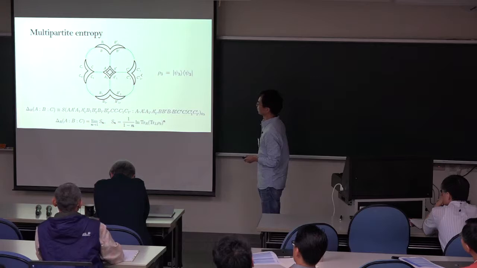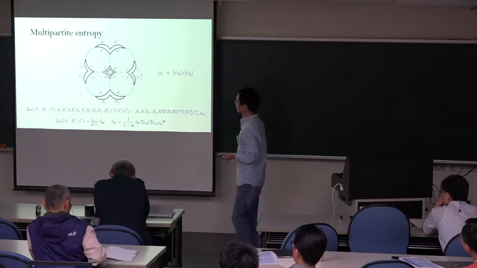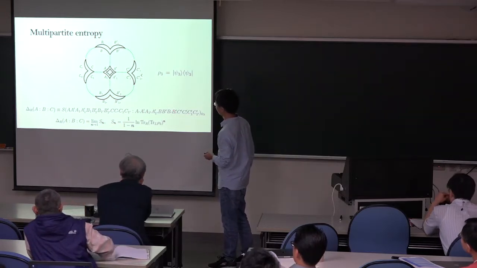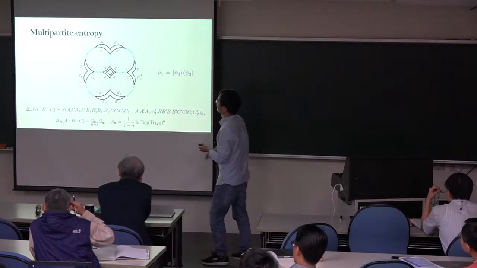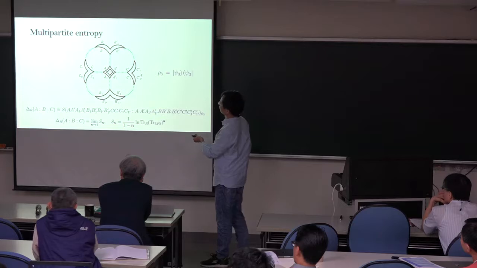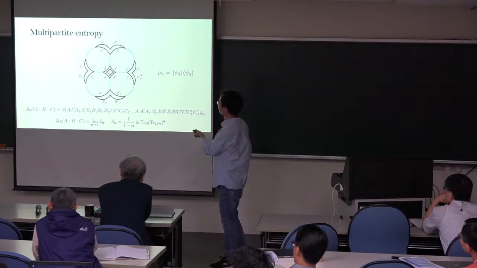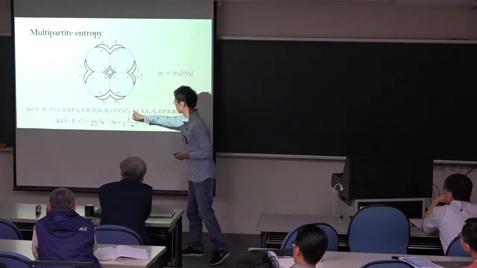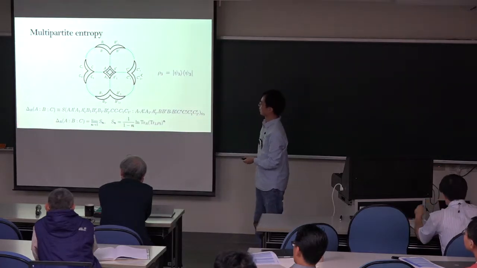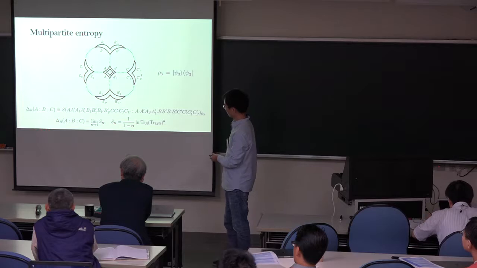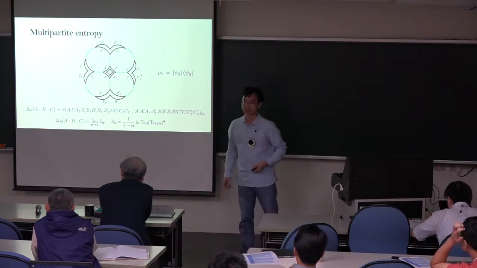So this is such a quantity, and all these different letters are associated with this big graph. I just choose this particular bipartition. In order to compute this von Neumann entropy, you can always use this well-known trick, the replica trick.